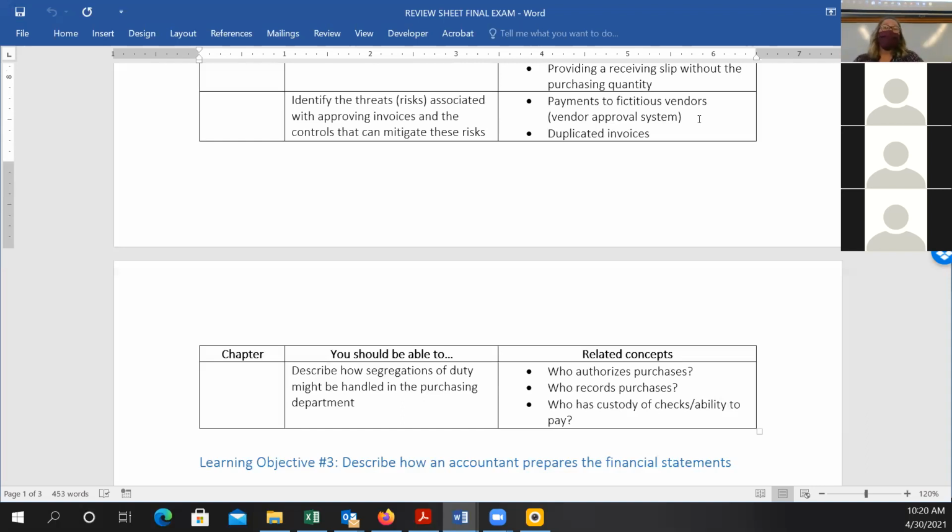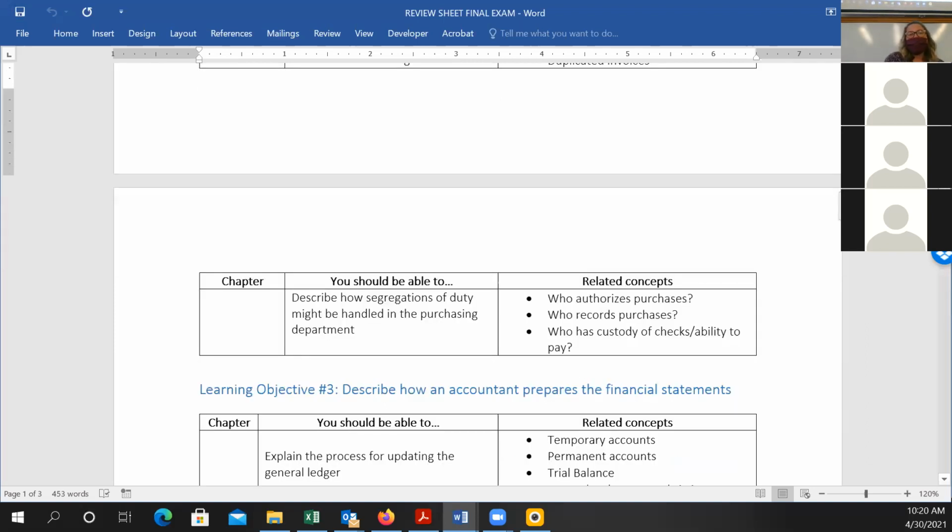And he would do the same thing on the invoices once they're prepared for payment. He'd sign off on them as though to indicate that I've already paid this and I don't plan on paying it again, as well as not allowing for photocopied invoices, only paying from the original. That was the other control that I think it was on my PowerPoint slides. I don't remember if we talked about it.